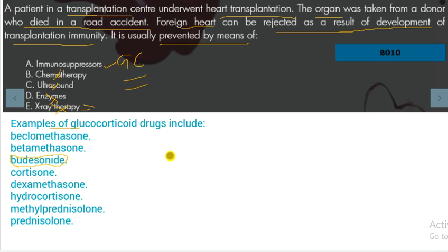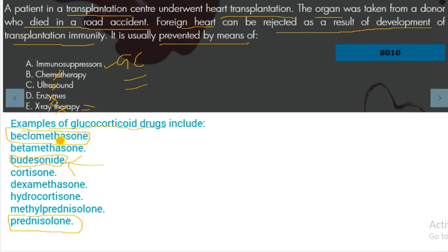Example for glucocorticoid drugs. If you study these drugs, budesonide, I will teach you all the drugs as I write here. We know prednisolone and beclomethasone.